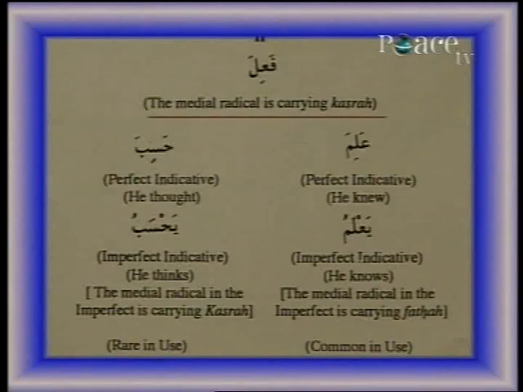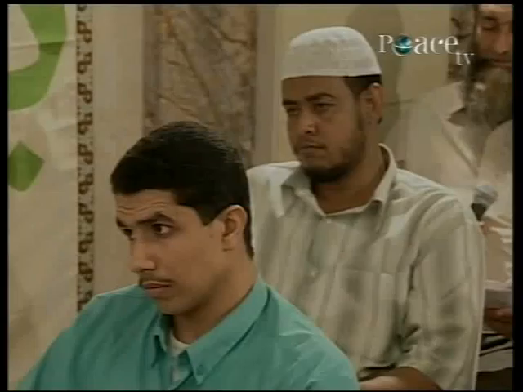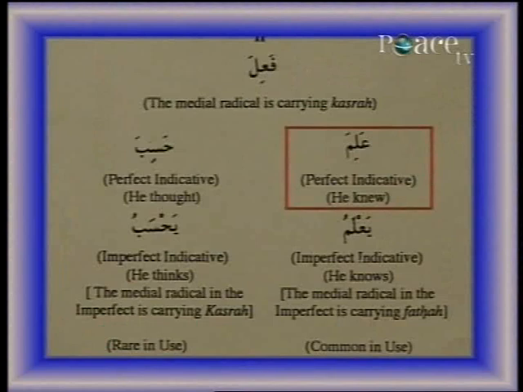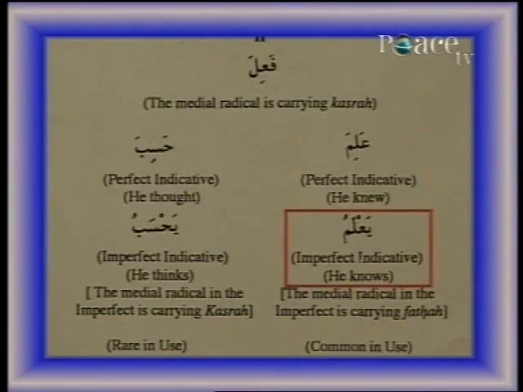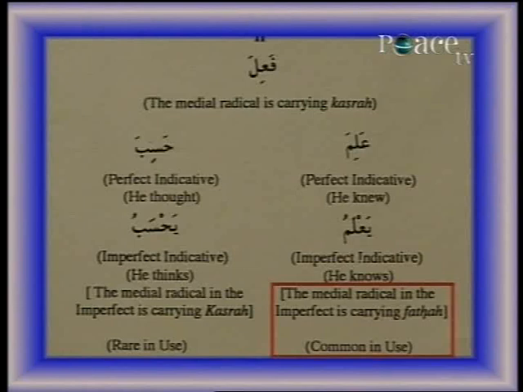Fa'ila, the medial radical is carrying kasra. Alima, perfect indicative, he knew. Ya'lamu, imperfect indicative, he knows. The medial radical in the imperfect is carrying fatha. It is common in use.